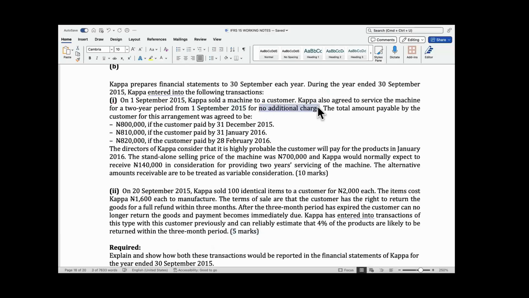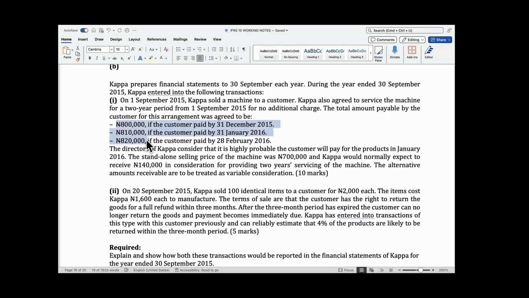for no additional charge. The total amount payable by the customer for this arrangement was agreed to be 800 if paid by December, 810 if paid by January 2016, 820 if paid by 28th. I think this is just trying to ensure the customer pays early.